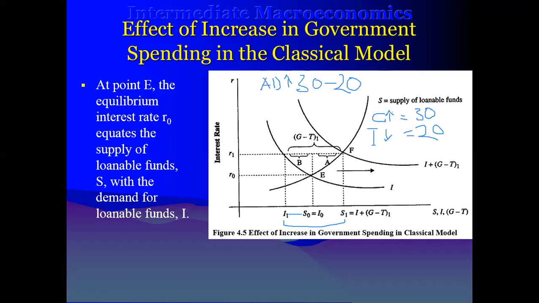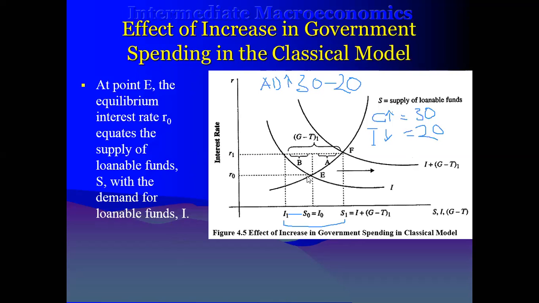Please, when government spending increases, did it cause interest rates to increase or did interest rates increase by themselves? No, it was the government expenditure that caused an increase in interest rates. Without the increase in government expenditure, we're still at R0.